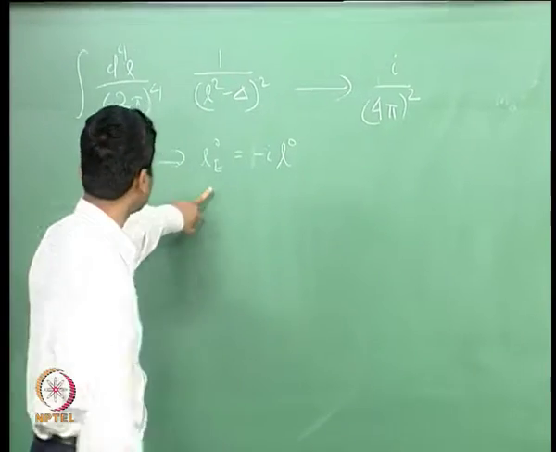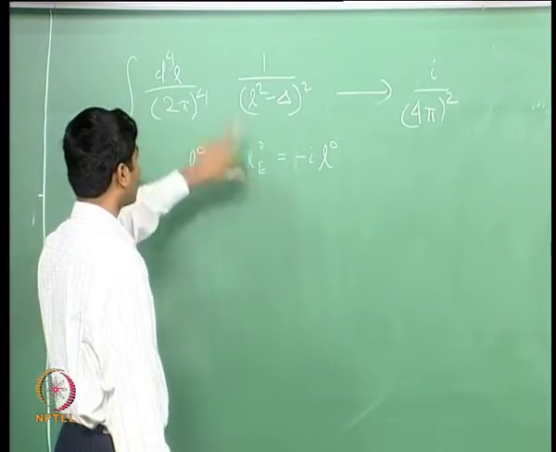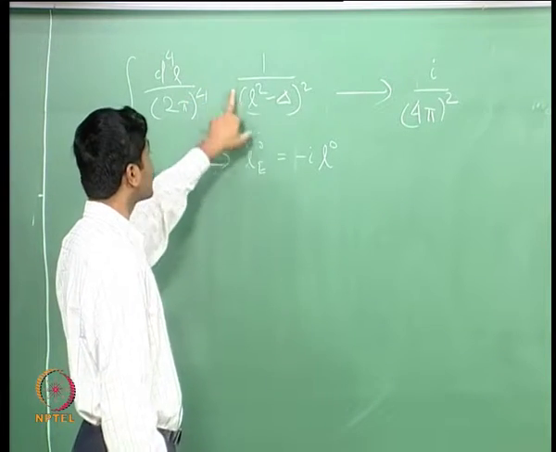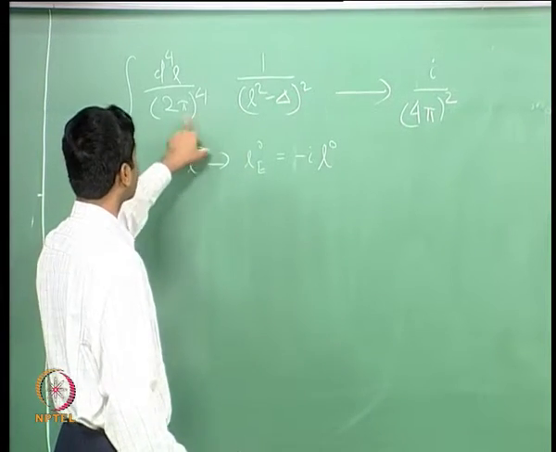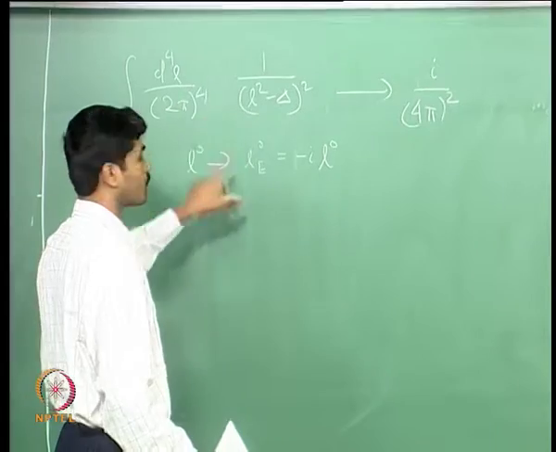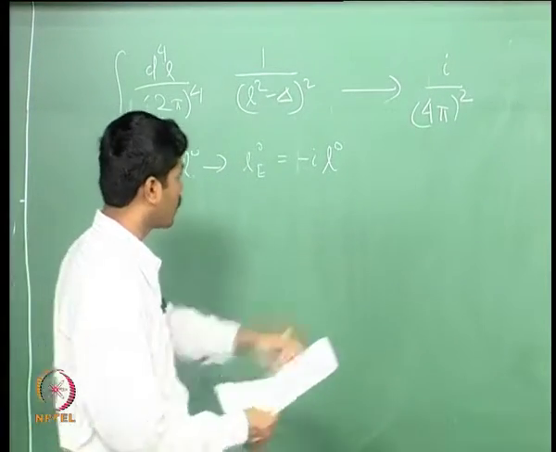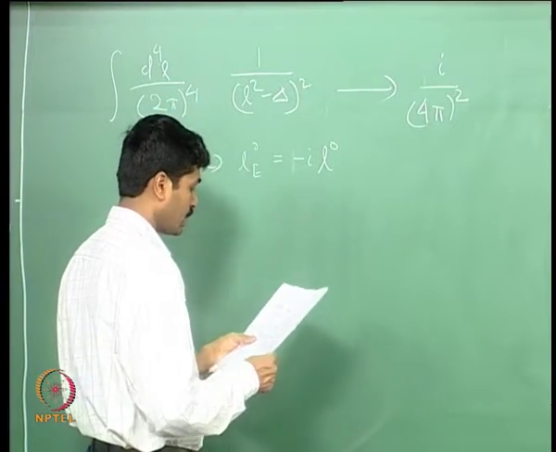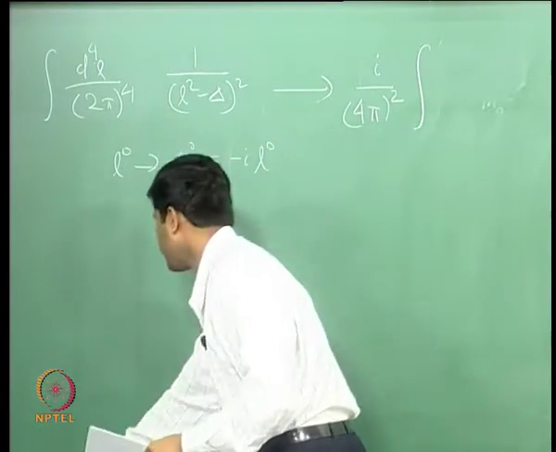Remember, I will introduce this, and also I will integrate over the angular variables. The angular variable integration will give me a 2 pi square. So, this 2 pi square will simply cancel this 2 pi to the power 4, and what I will be left with is 4 pi square here. This I is because of the Euclidean continuation.